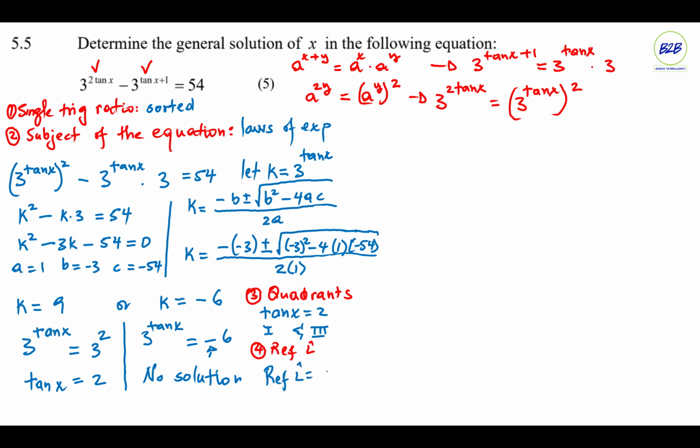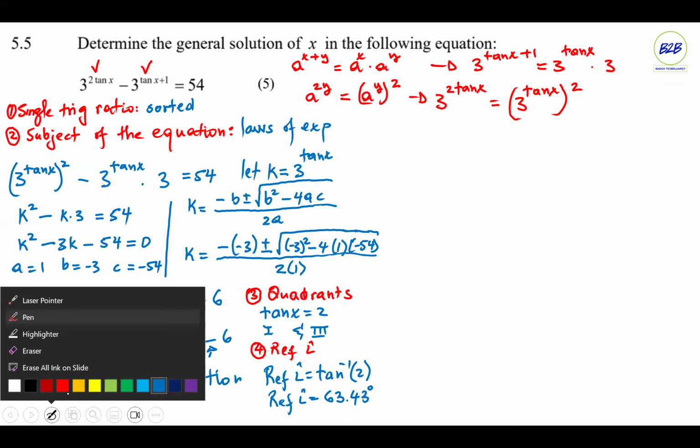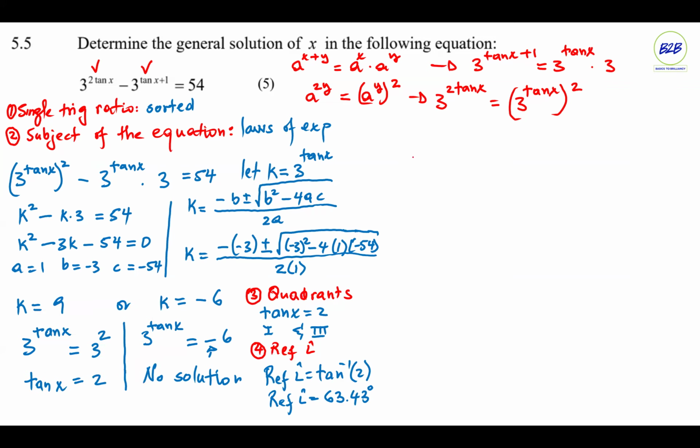All right, then we will say inverse of tan, substitute 2, then our reference angle will therefore be equal to 63.43 degrees. Right, then we go to our very last step, which is also something that you shouldn't really be struggling with, especially if you have been following ever since the beginning of this episode.